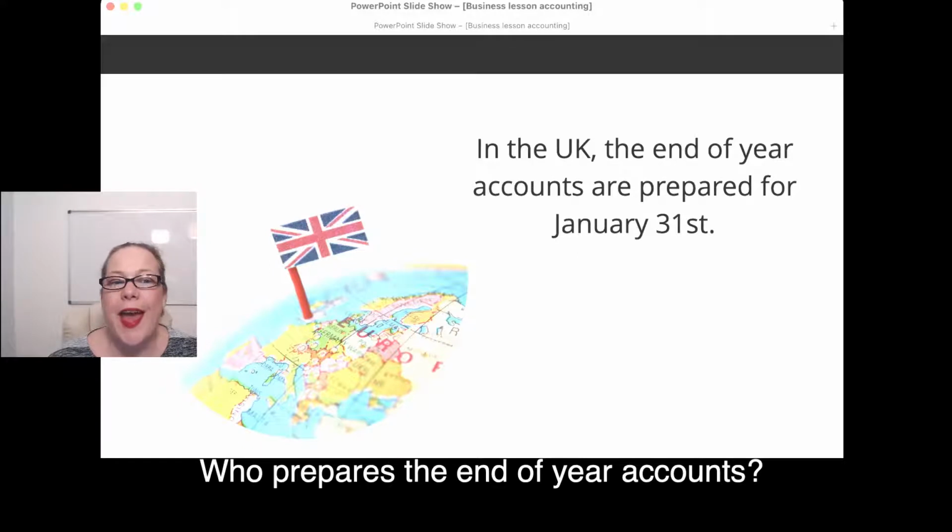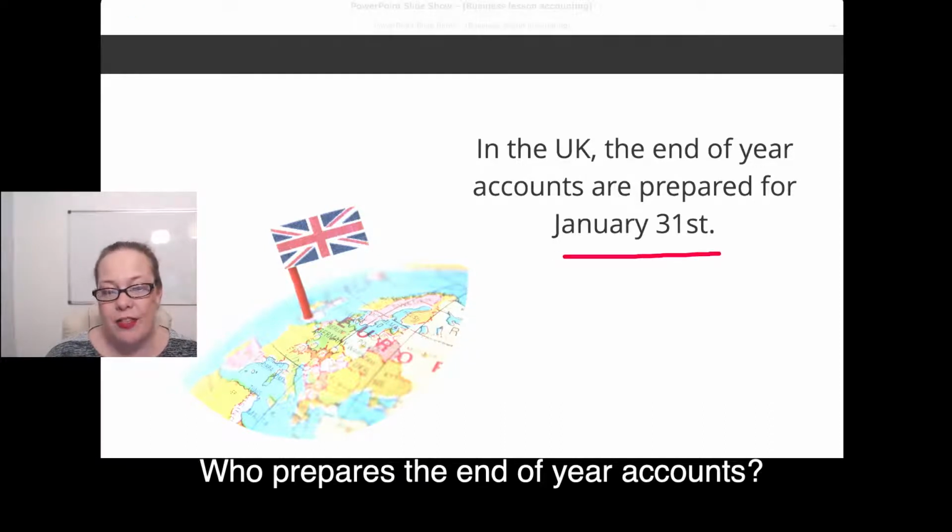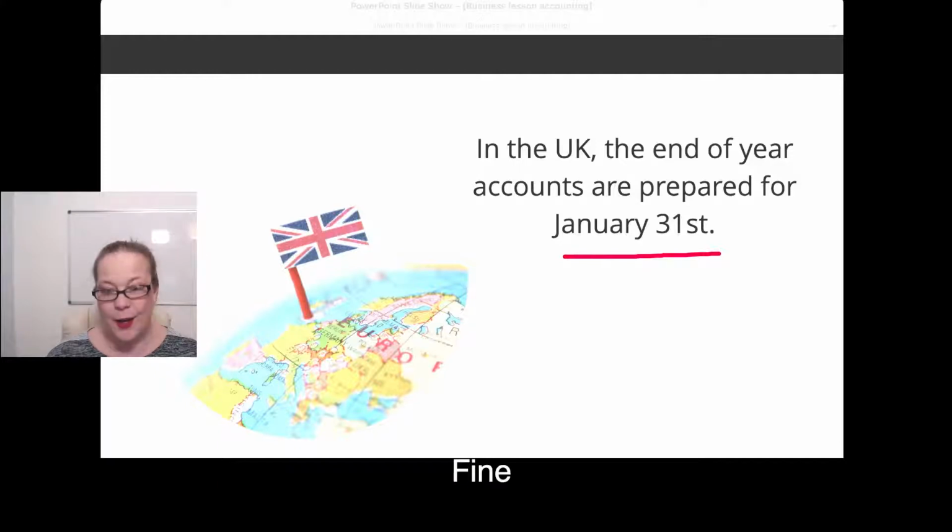Now in the UK, the end of year accounts are prepared at the very latest by January the 31st. That's the last day. If you send your accounts to the tax authorities in the UK after that date, you will get a wonderful fine.